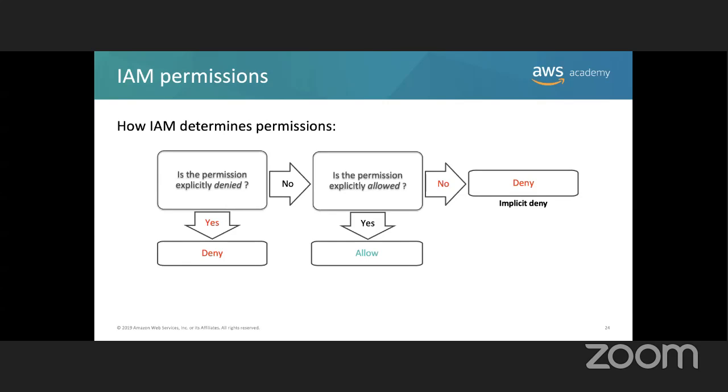If it is explicitly denied, it's never allowed. If it is not explicitly denied, then the question is: is the permission explicitly allowed? If it is, then it's allowed. If it is not, then it becomes implicitly denied. That's how IAM determines permissions. When you have some time, come back to this and take a look.